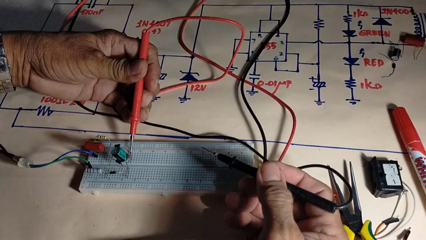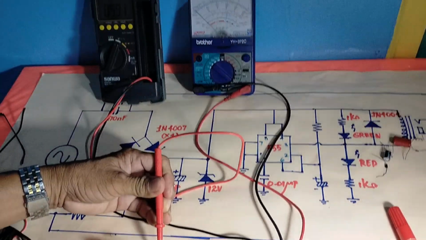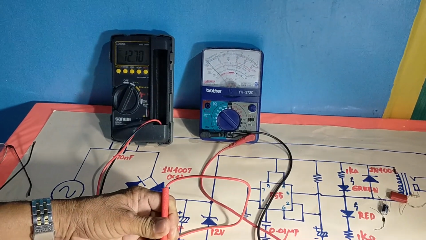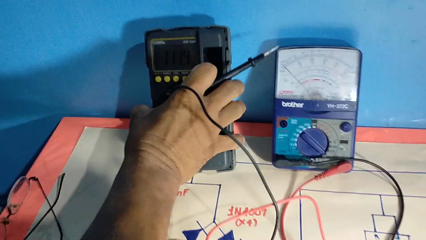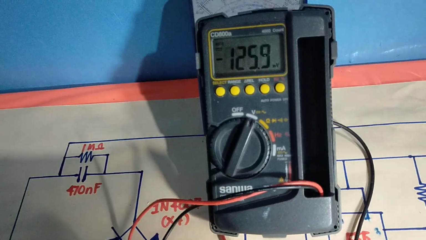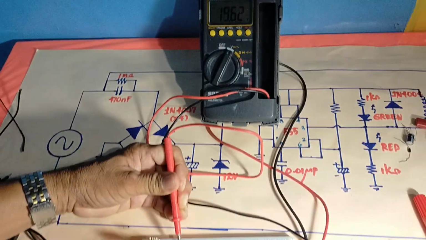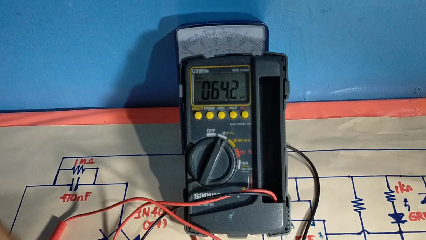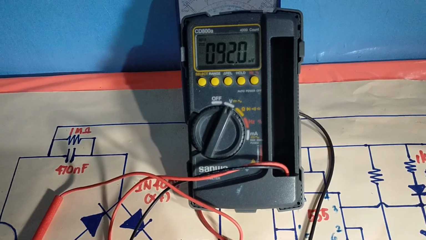So, it should be DC, no? So, it is 12.70 volts we have here. 12.7 volts. Because this Zener diode will regulate 12 volts.